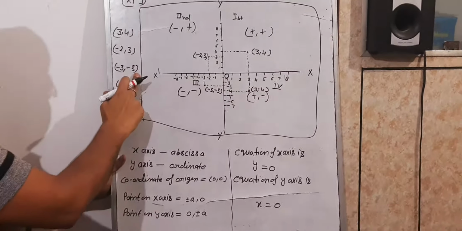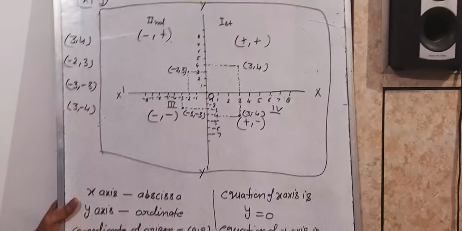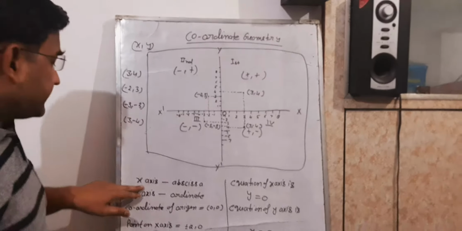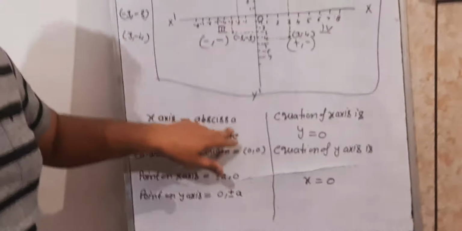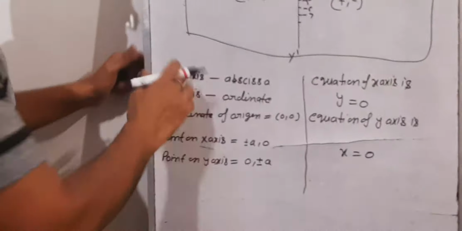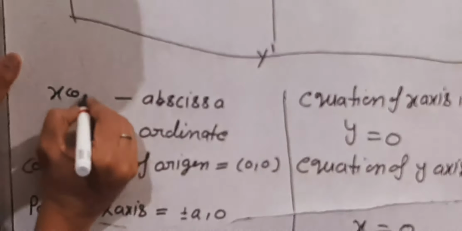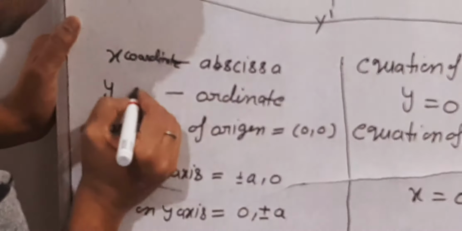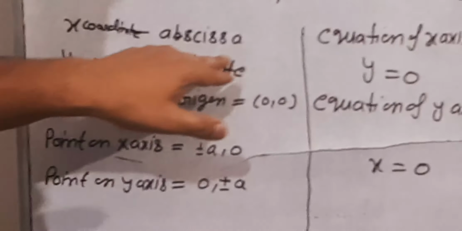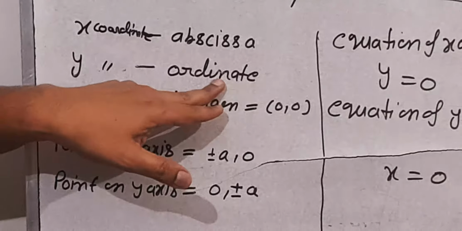The other name of the x-coordinate is abscissa. The y-coordinate is known as ordinate. These are the individual names of the two coordinates.